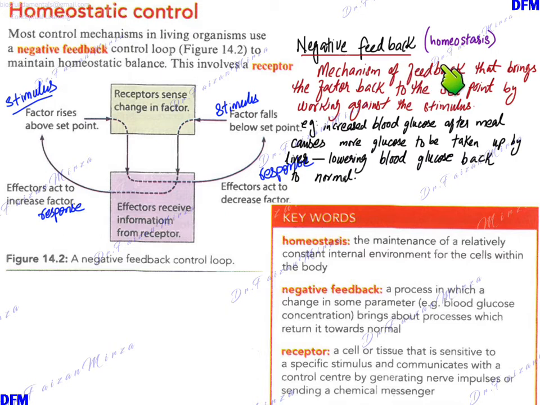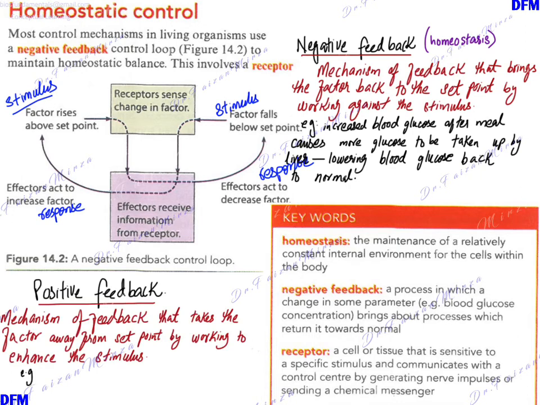Negative feedback is always associated with homeostasis. You can't have homeostasis without negative feedback. On the other hand, positive feedback is not homeostasis. Positive feedback is also a mechanism of feedback, but it takes the factor away from the set point by working to enhance the stimulus or the change further.